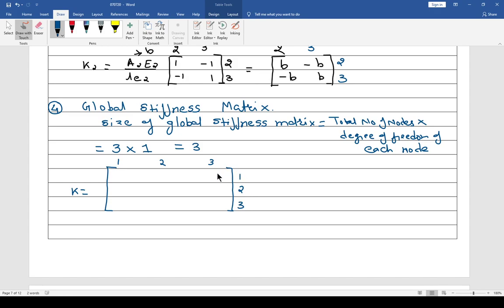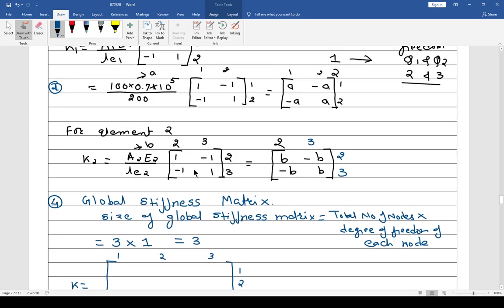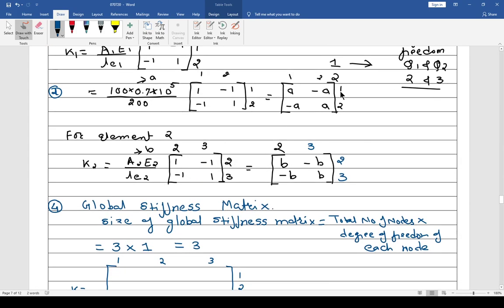Now I have to find 1 1. What is the 1 1 element? I could find the 1 1 element at this location only, and this is the only element available at the 1 1 place.